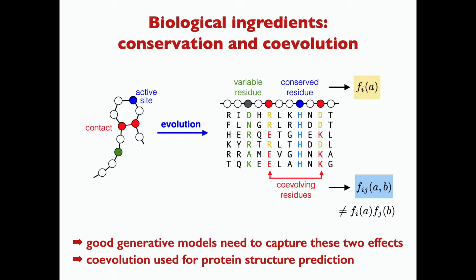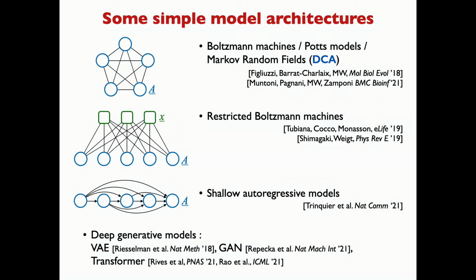AlphaFold detects coevolution via some attention mechanisms which are deeply built into the model, into the transformer models which are at the core of AlphaFold, but they detect exactly this coevolution signal. So just remember that coevolution can be used for structure prediction. How this is done, don't care, but it can be used. We will come back to this one.